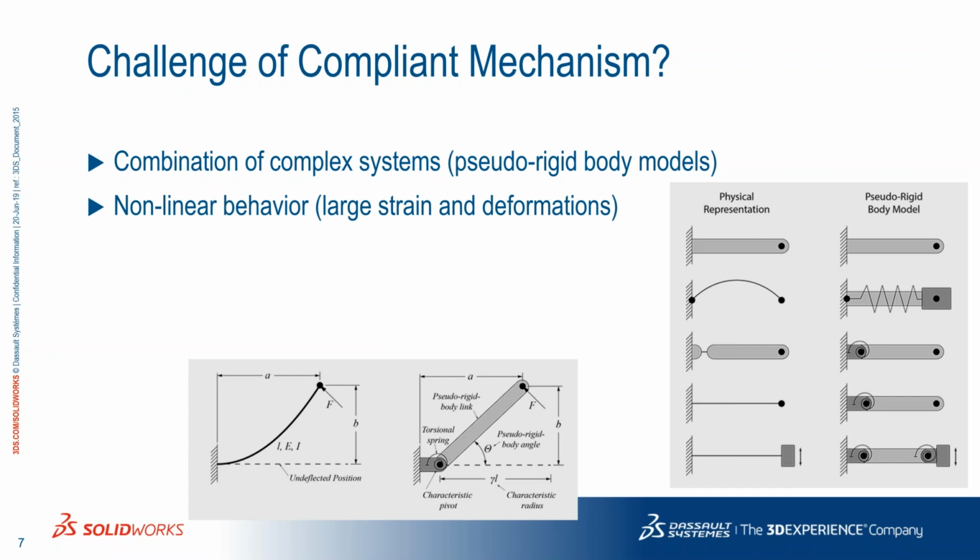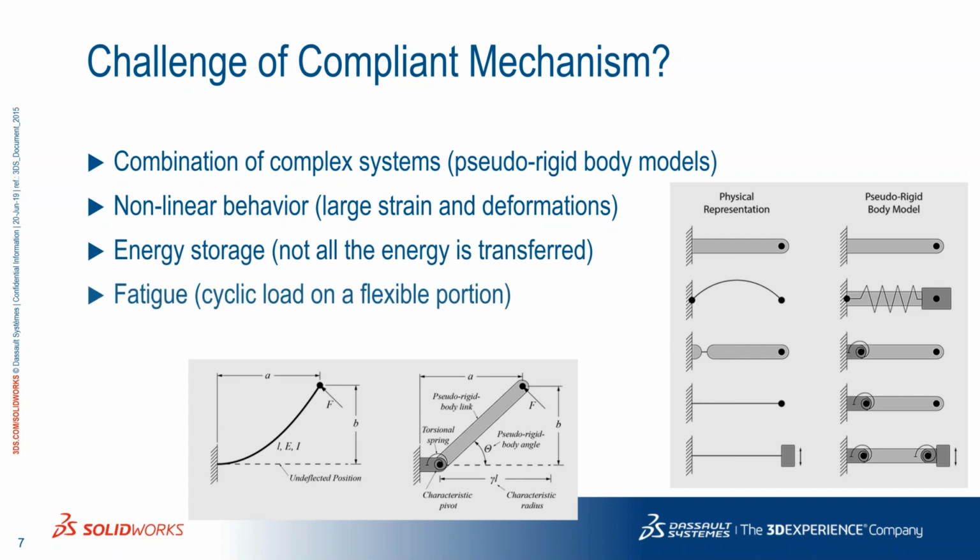Of course, the behavior is highly nonlinear with large strains and deformations. And the energy storage is also a problem because maybe not all the energy can be transferred, so we need to be aware of this effect.